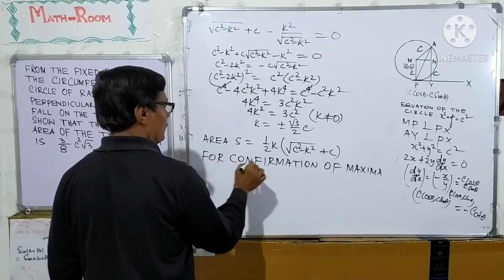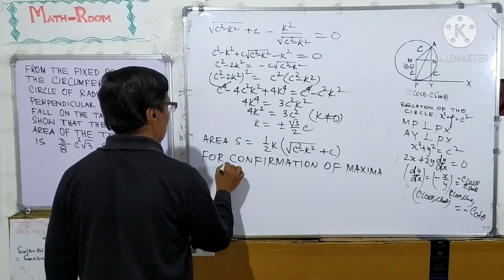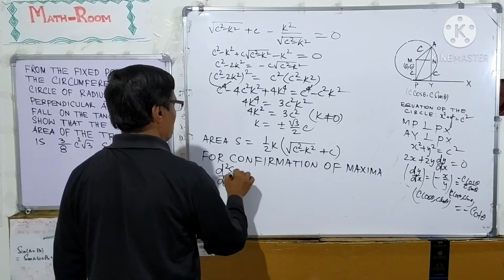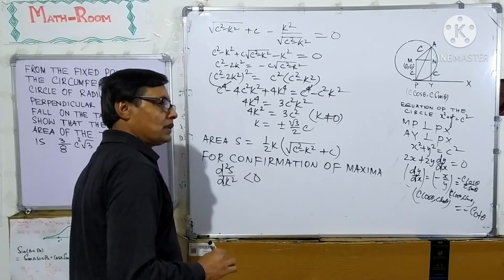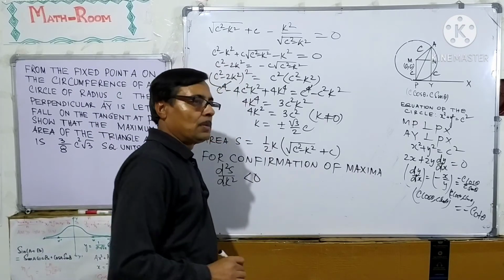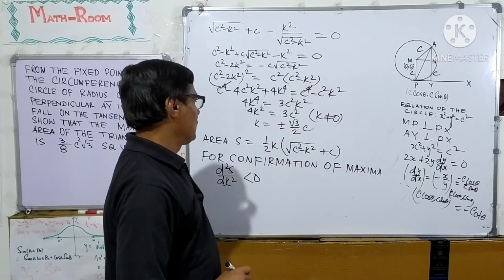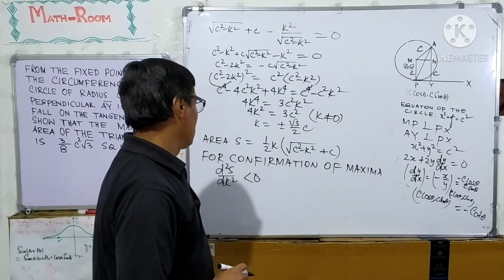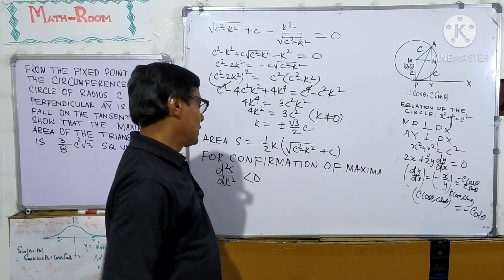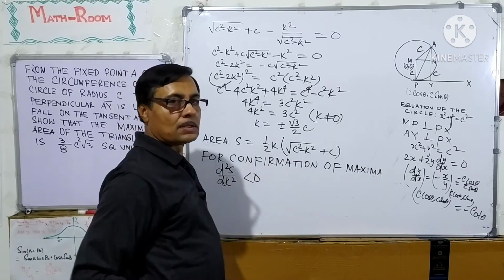That is, for confirmation of maxima d2s/dk2 must be less than 0, because for maximum value of a quantity, the second order derivative of the quantity with respect to the variable is always less than 0.